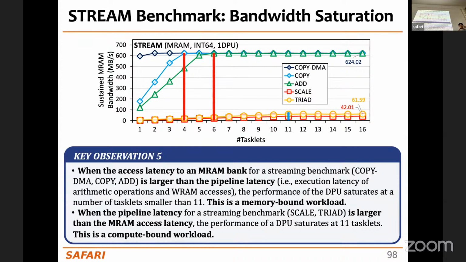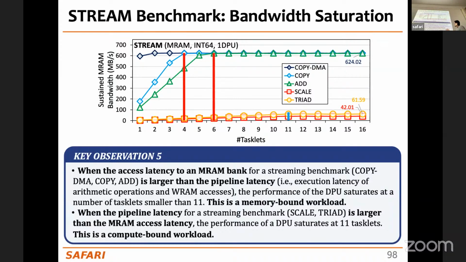Remember that we are talking about a single DPU accessing a single memory bank that is nearby, and notice that with just as little computation as only 1 multiplication or 1 multiplication and 1 addition, we are already saturating the pipeline throughput. We are already hiding all the memory accesses, and basically the workload is compute bound.